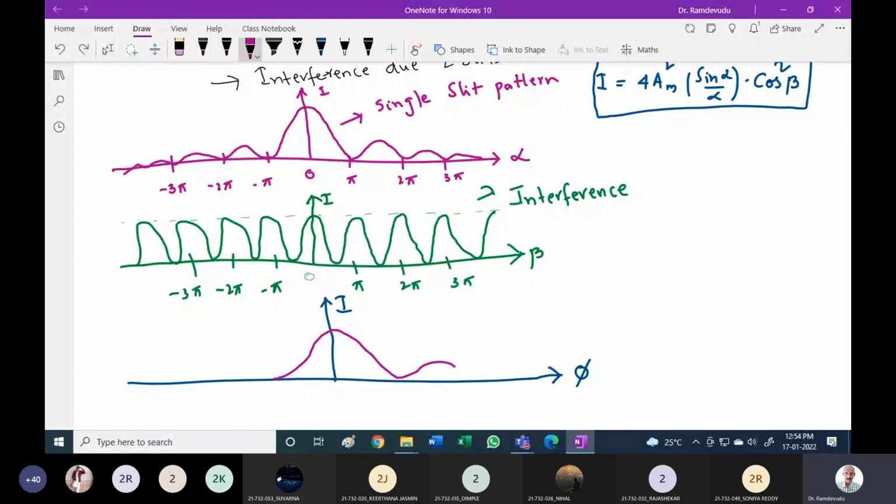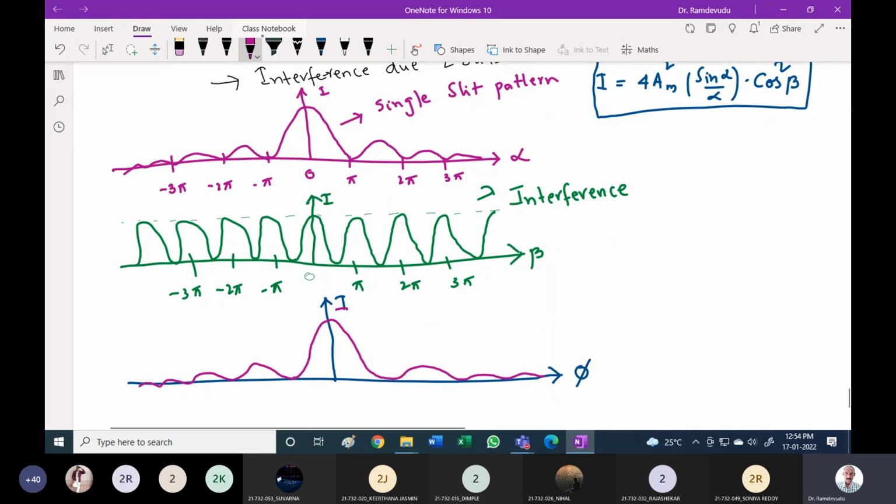And then it falls to minimum. Then the minimum rises, then falls as secondary maximum. The other side also I have to take. These are the secondary maxima.